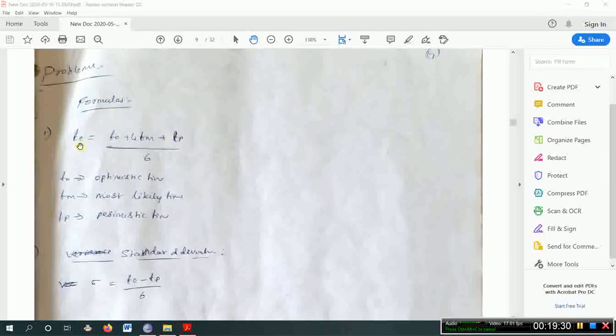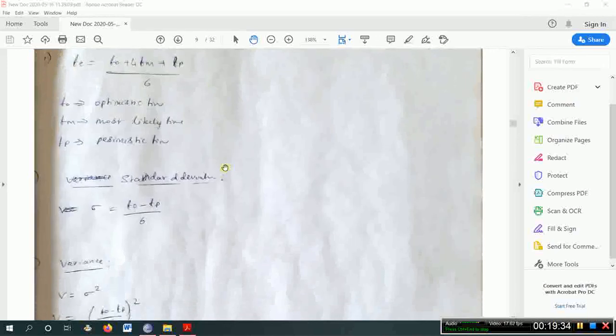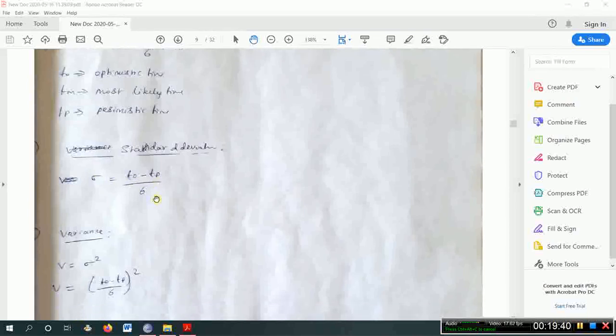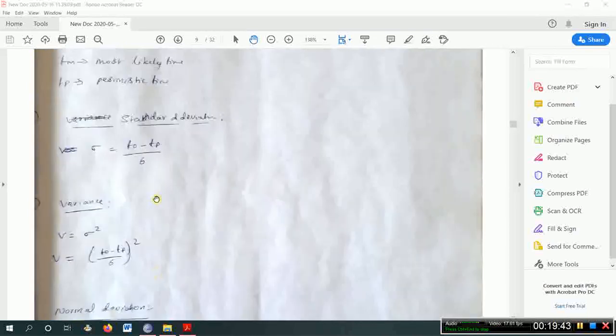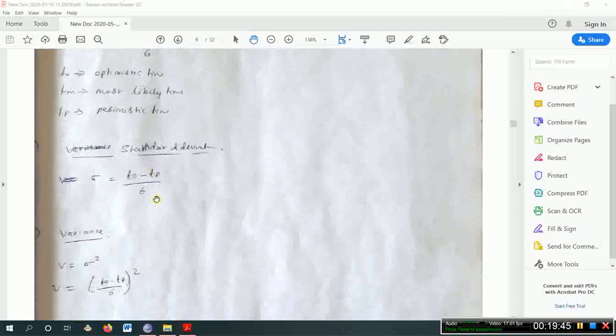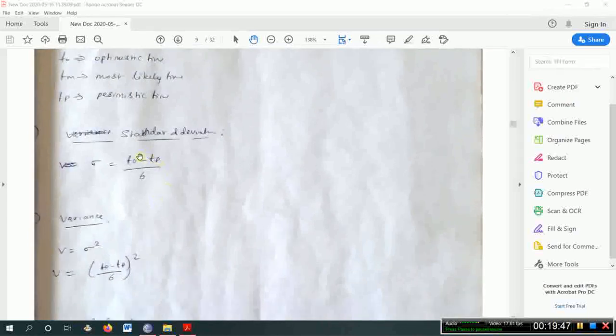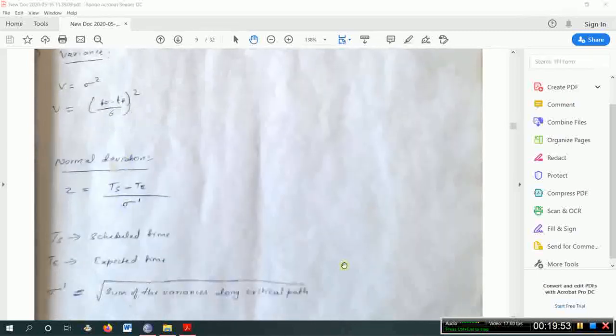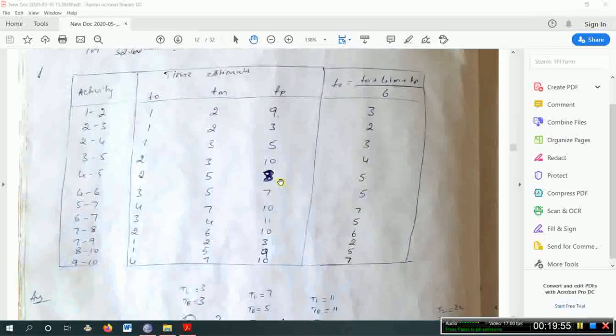Small letter t has to be calculated using this formula. Next, the standard deviation is (tp minus t0) by 6, where t0 is the optimistic time and tp the pessimistic time, and the variance is (tp minus t0) by 6 whole square.